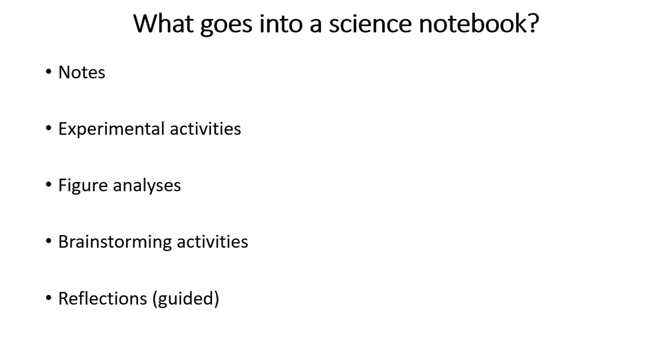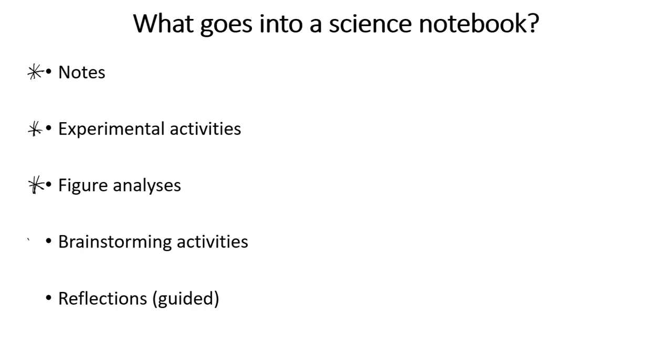Now, when you have this science notebook, what do you put in the science notebook? So you can add any notes that you are writing in your class, experimental activities. If you have figures or tables when conducting your experiment, you want to talk more about these tables and figures.